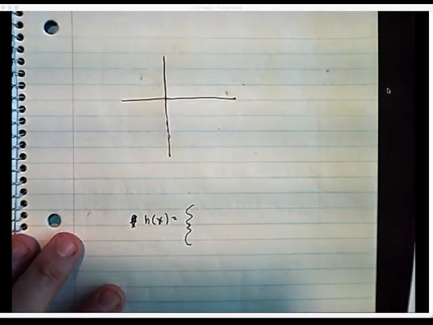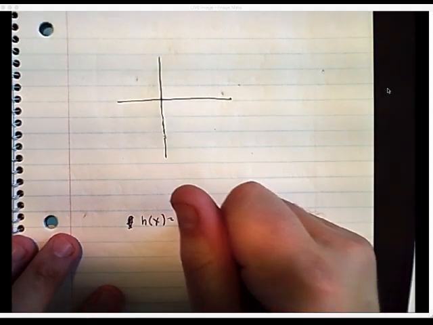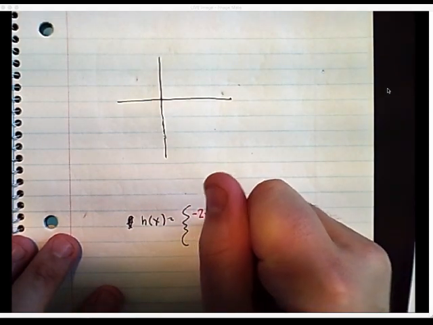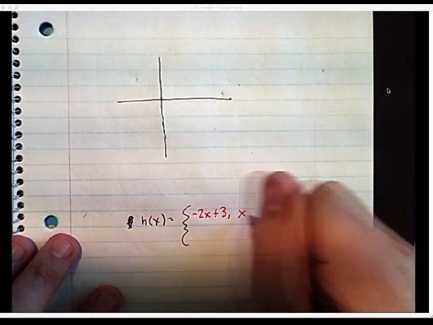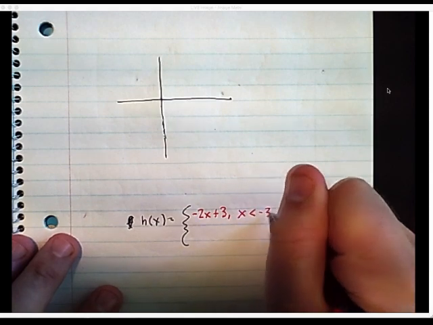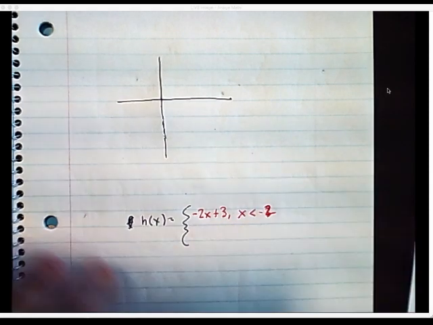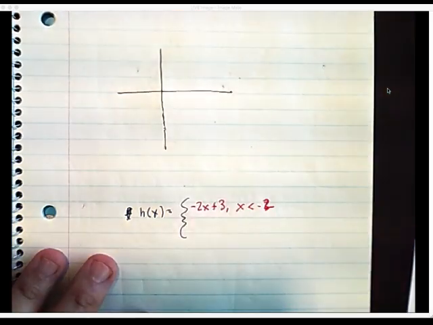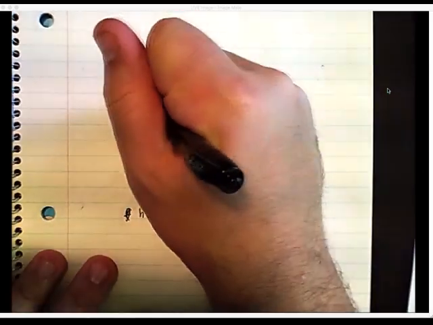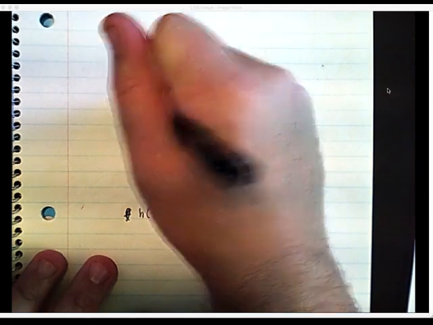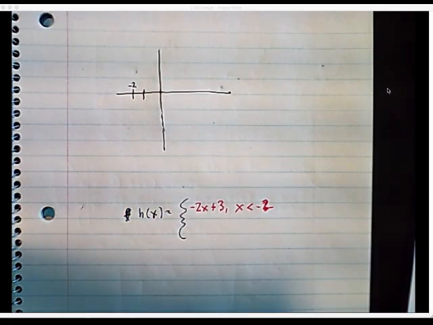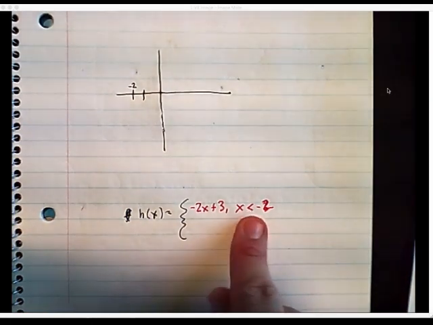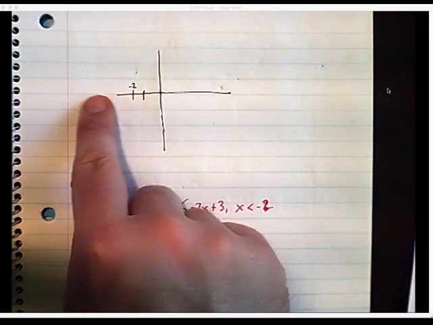The first part represents a line, negative 2x plus 3, when the x values are less than negative 2. Here's an x value of negative 2. This line only applies for values that are less than negative 2.